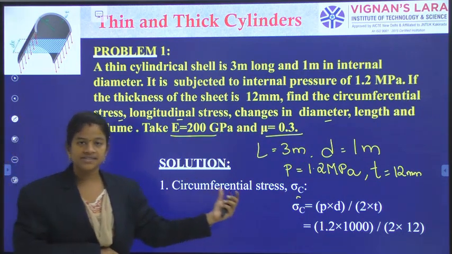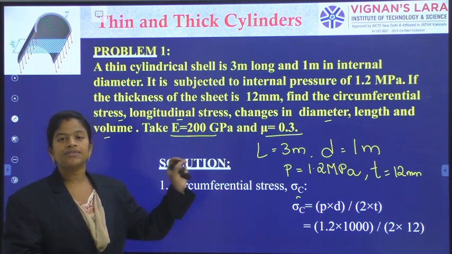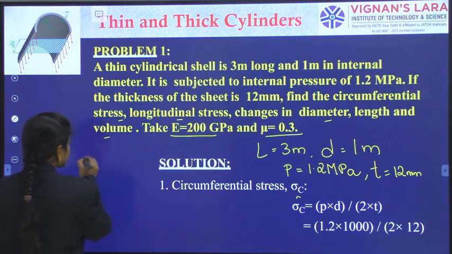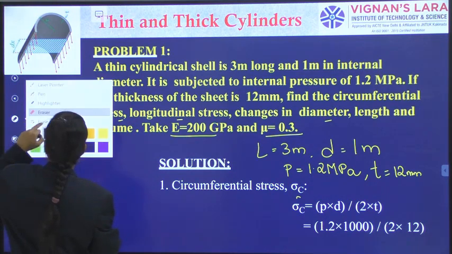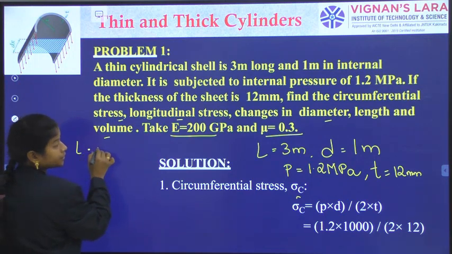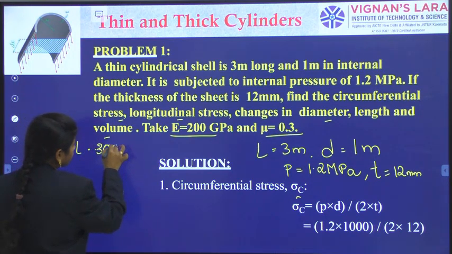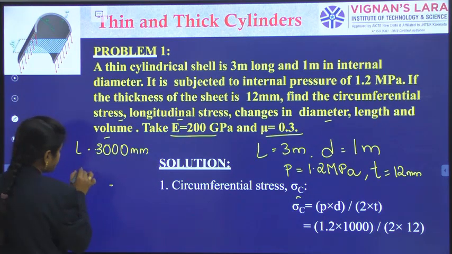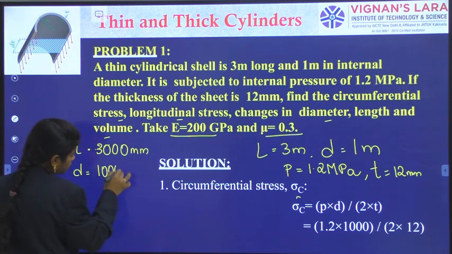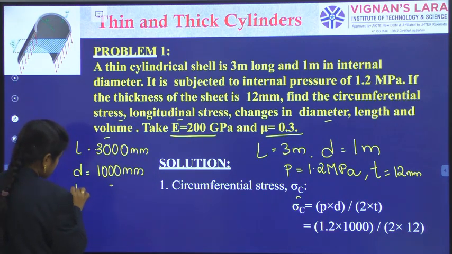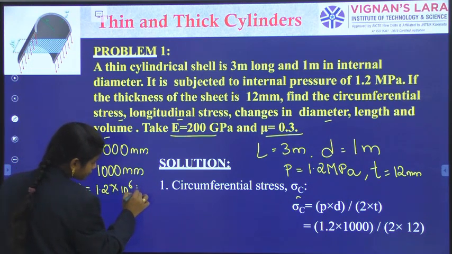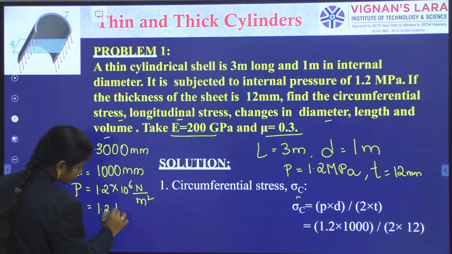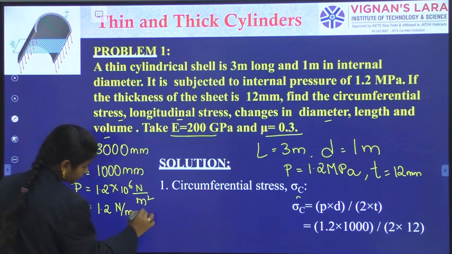So the first step, I am writing everything in millimeter form. Length L is equal to 3000 millimeters and D is equal to 1000 millimeters, and pressure P is equal to 1.2 into 10 power of 6 Newton per meter square, which is 1.2 Newton per mm square only.